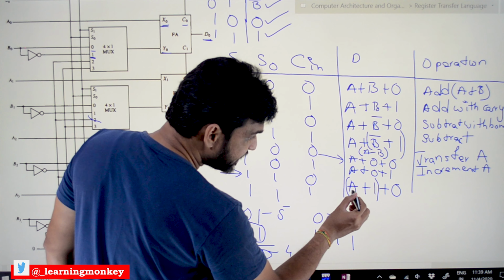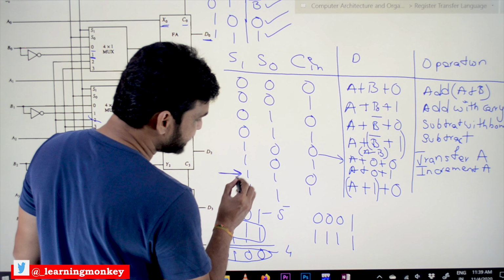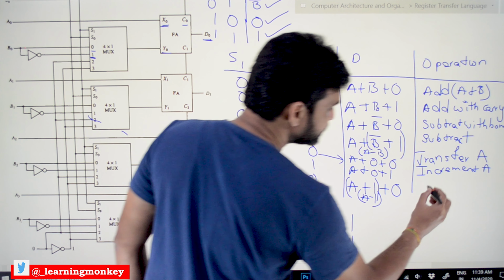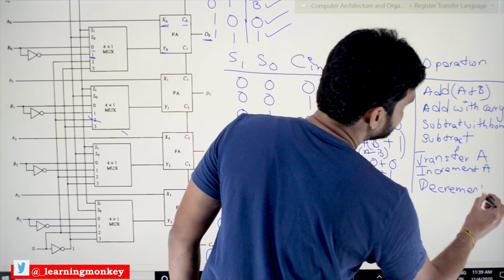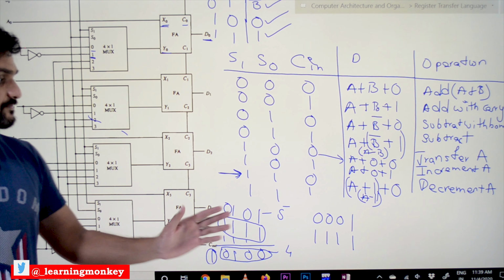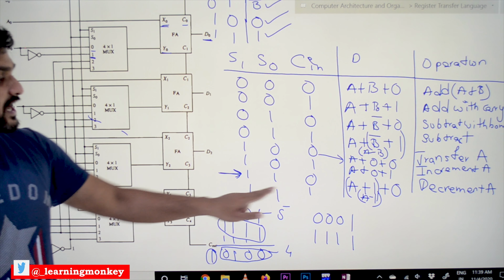So the operation performed by this is A minus 1, which is decrement A. We are going to decrement the value of A by 1. So whenever S0 and S1 are 1, 1 and the Cn value is 1, what is it going to do?